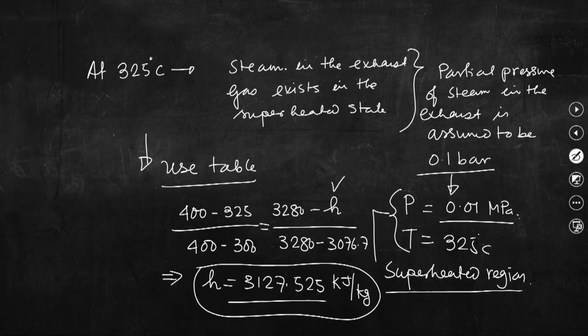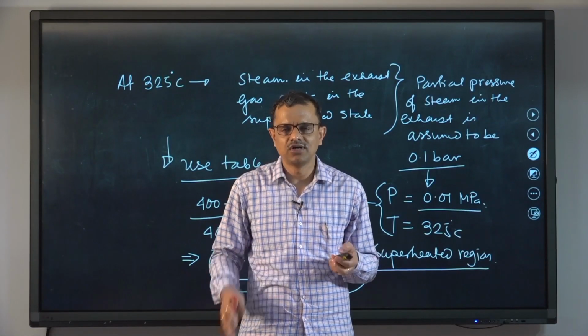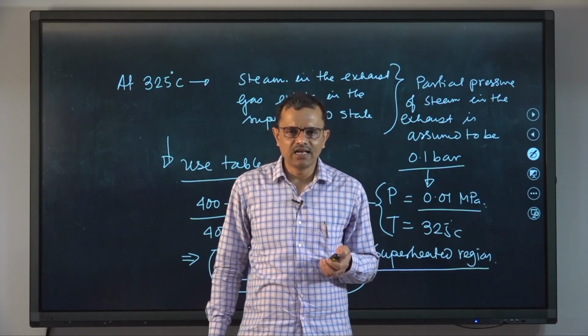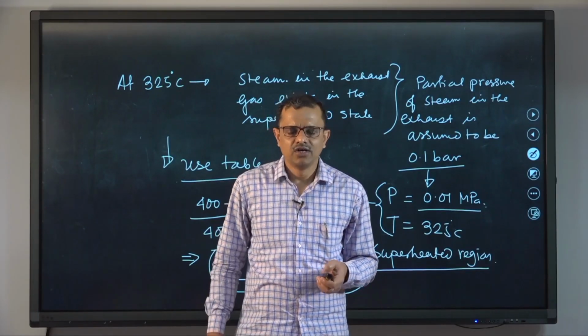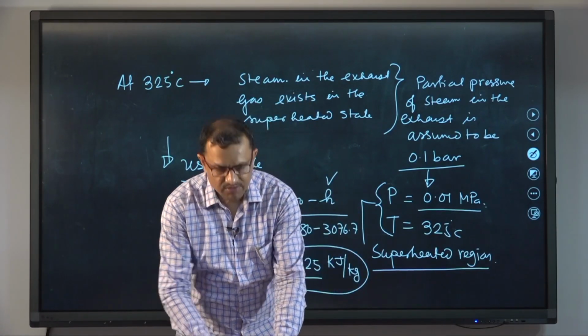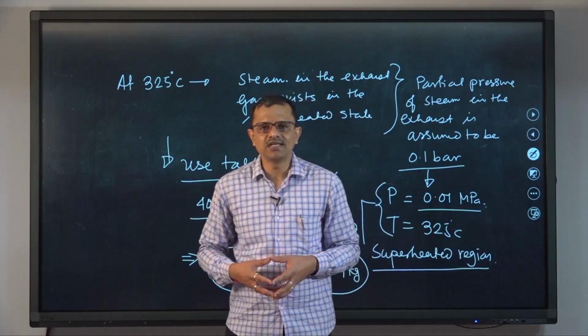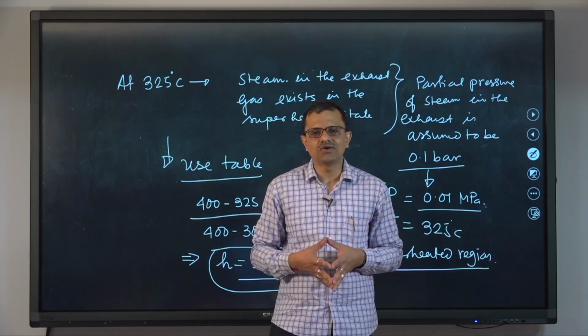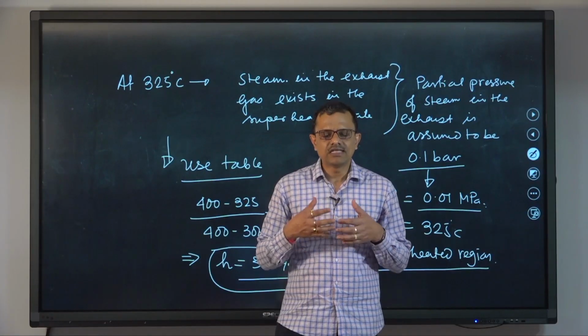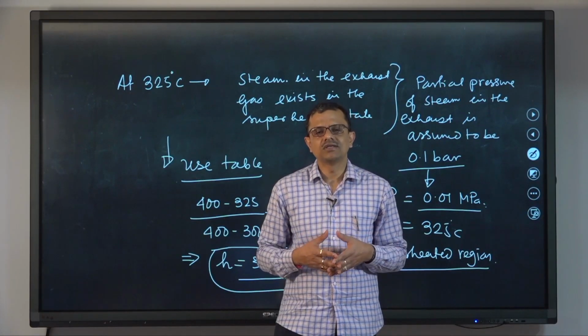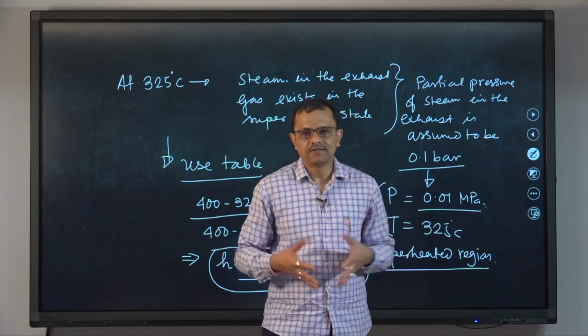So, this change in enthalpy is essentially the loss that we can calculate, and the loss due to dry gas we have already calculated. By solving this problem, we have tried to illustrate the concept that we learned today, the estimation of heat loss from the engine.